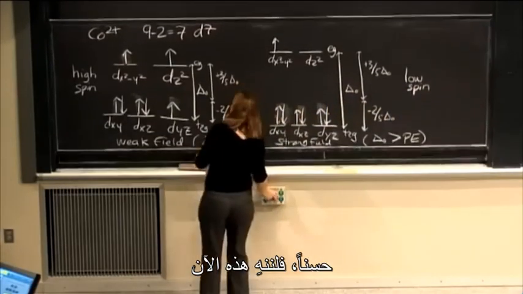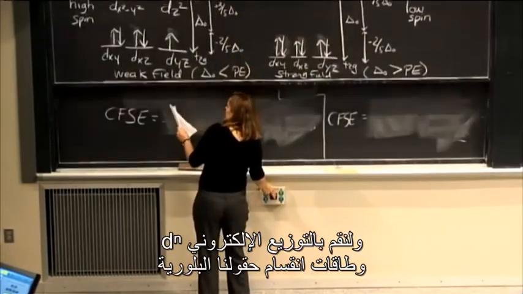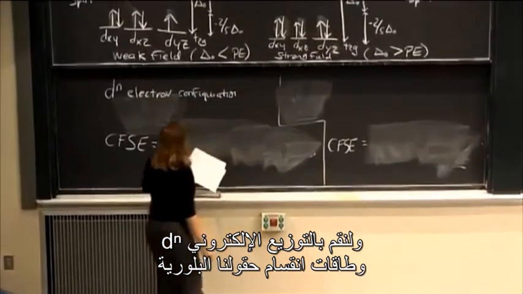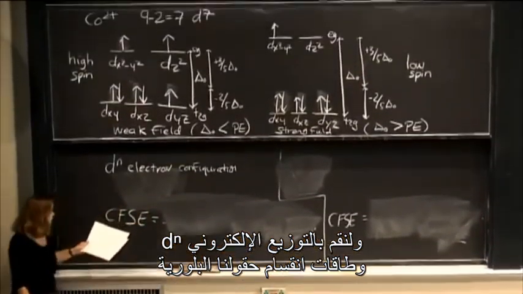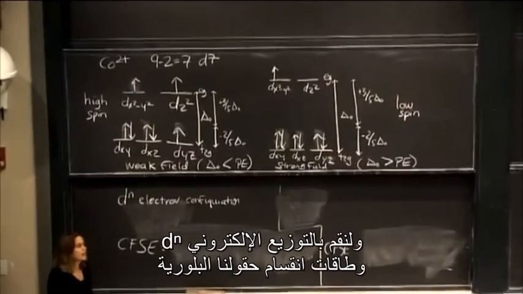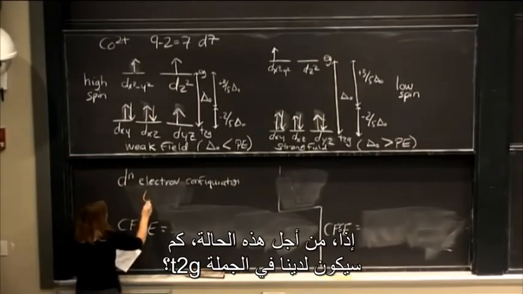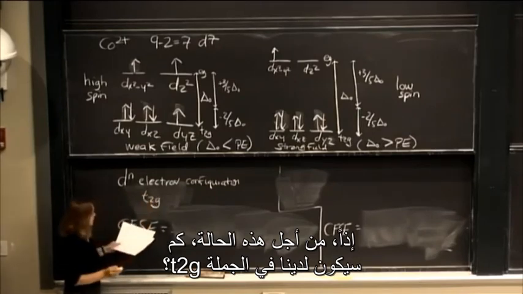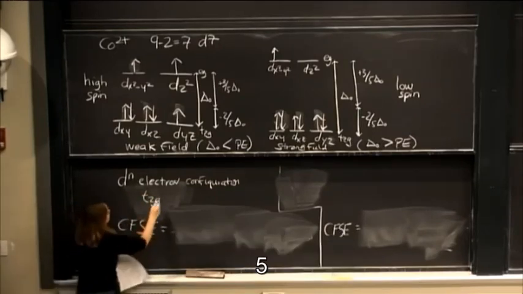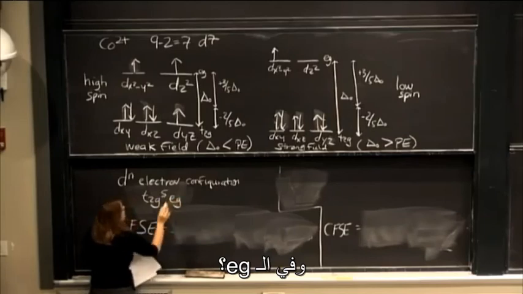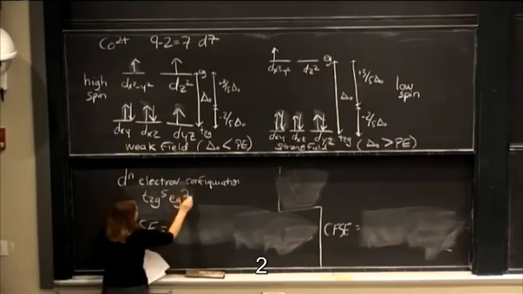All right, so let's finish this up now and do our d^n electron configurations and our crystal field splitting energies. So for this case, we're going to have in our T2G system how many? 5. And in EG, 2.